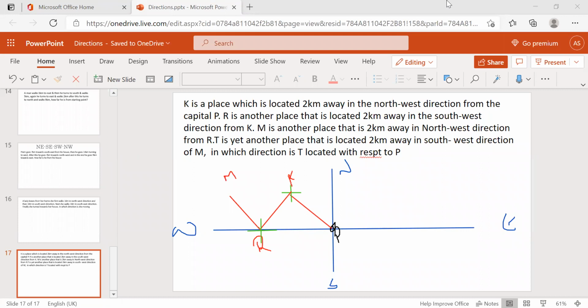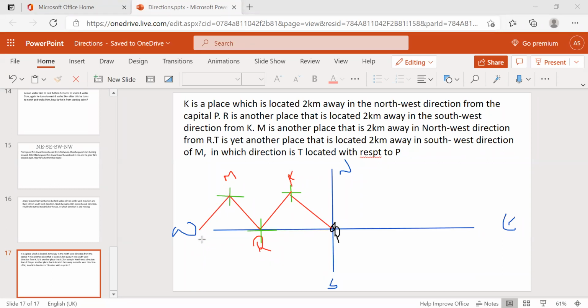Now, T is at another place that is located 2 kilometers away in the southwest direction from M. So from M, which is our southwest? This one only, right? So southwest, another 2 kilometers.